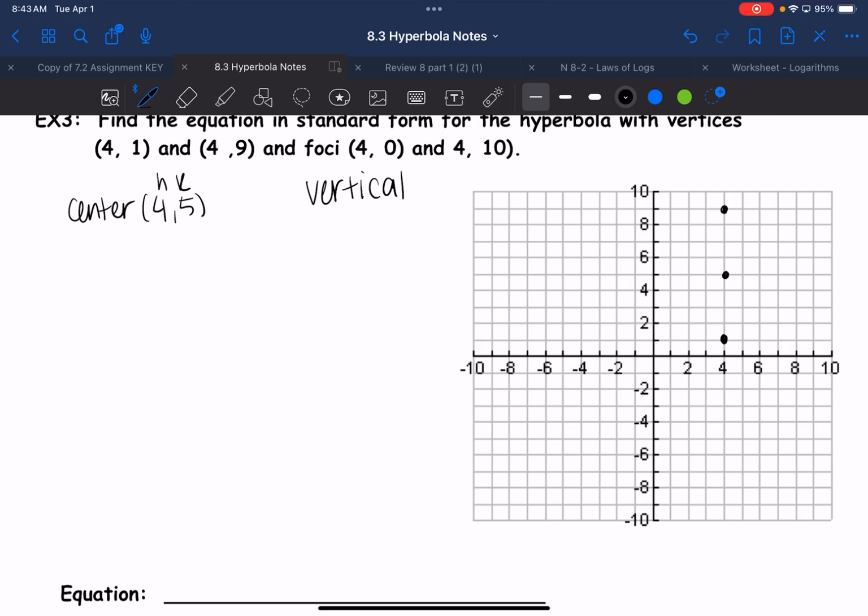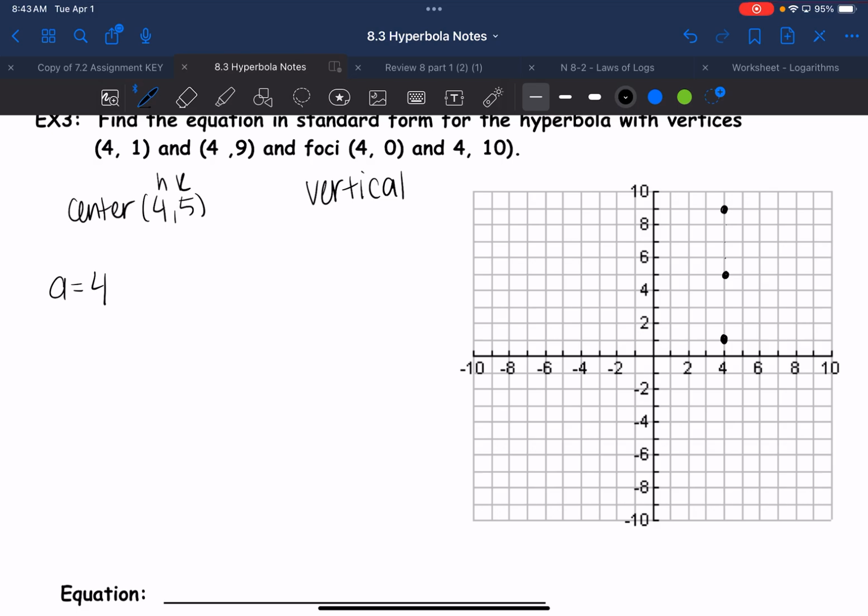And then the distance from the center to the vertex is going to be my what value? a. And how far is it between the vertex and the center? 1, 2, 3, 4 places. So our a value will be 4.